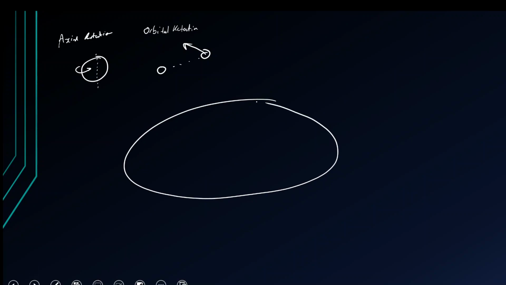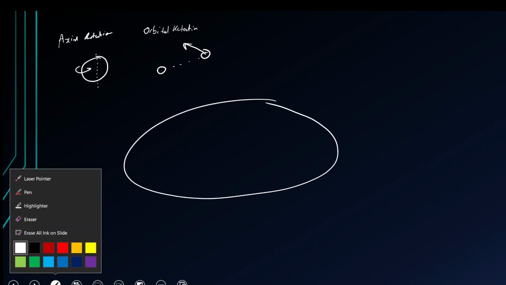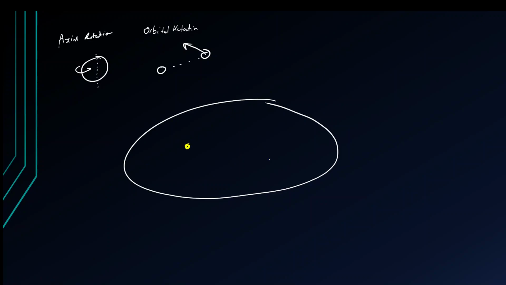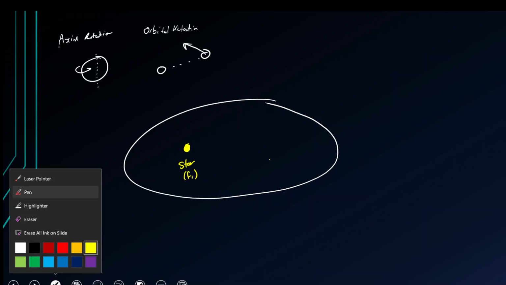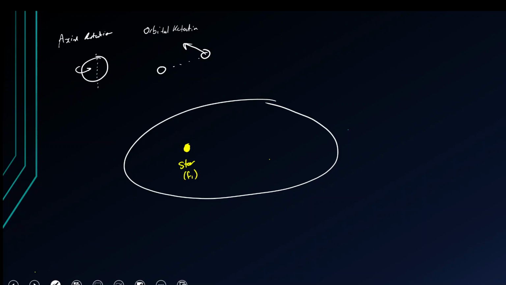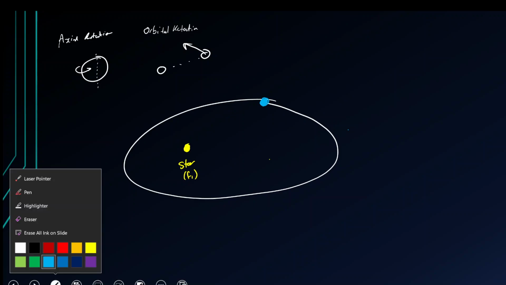So if you imagine that we have our path here, for instance, so that's a rough idea of the path. Right here is our star at foci F1. And then we'll have the Earth here. So the Earth will always go around the star along the elliptical path.